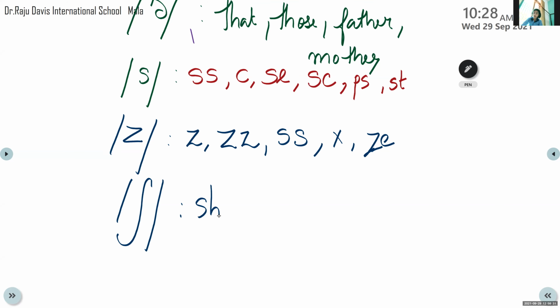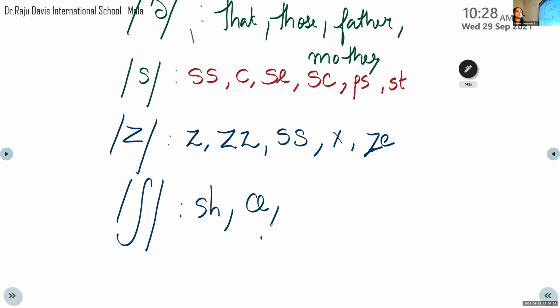Okay, then CE, like ocean. Ocean. This is the symbol.